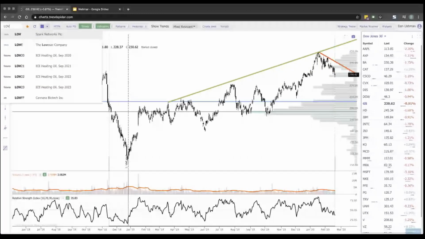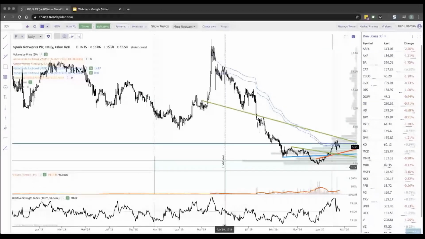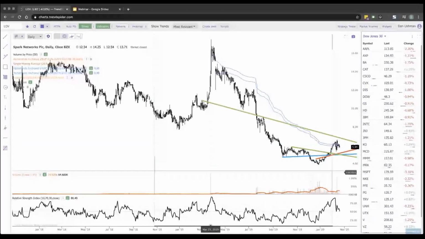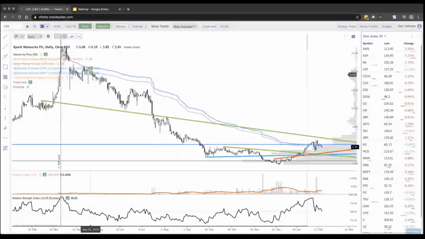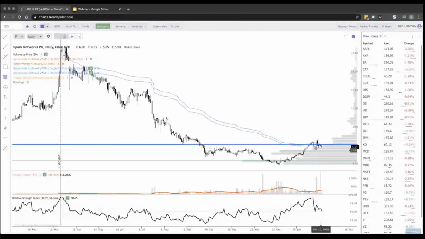But if I pull up a chart like this, LOV, which is some weird dating website, and you look at what's happened since the peak, which was on March 26th, 2019, you can see that price has sold off sharply. This is actually an 80% sell-off. But you can also see all this buying, all this volume down here that's coming in at these low prices. And this is a really cool tool that's in TrendSpider that you can use to kind of identify where there might be supply and demand.